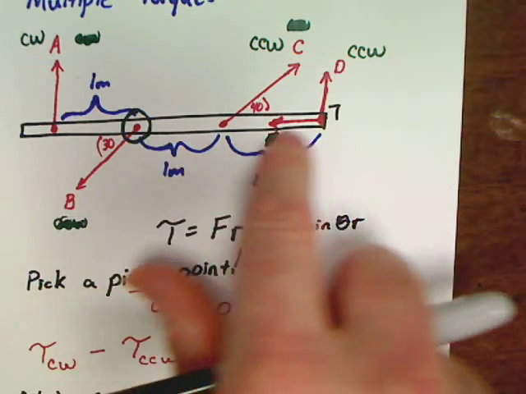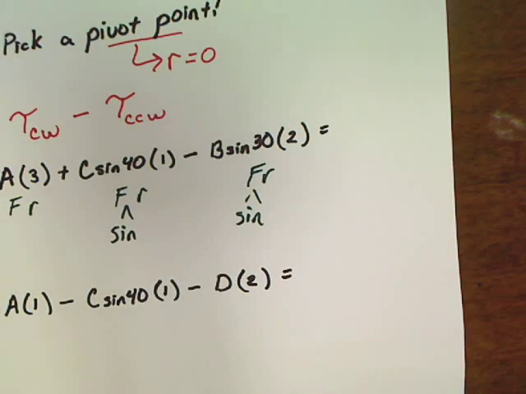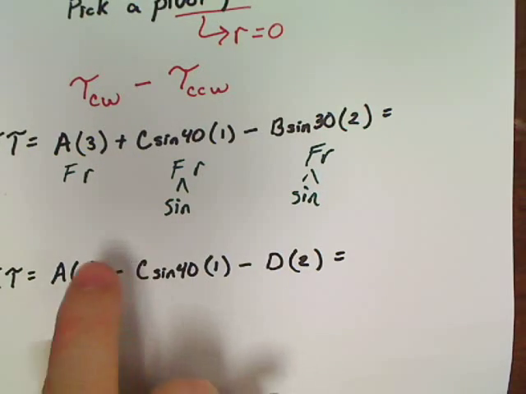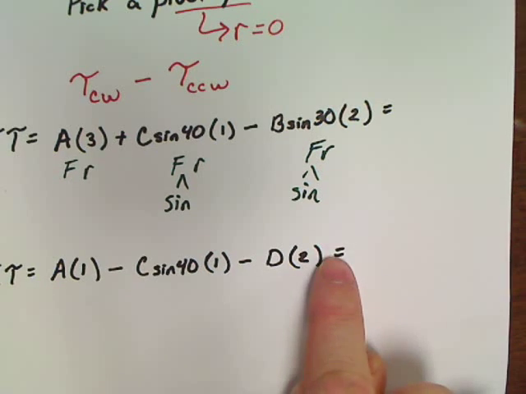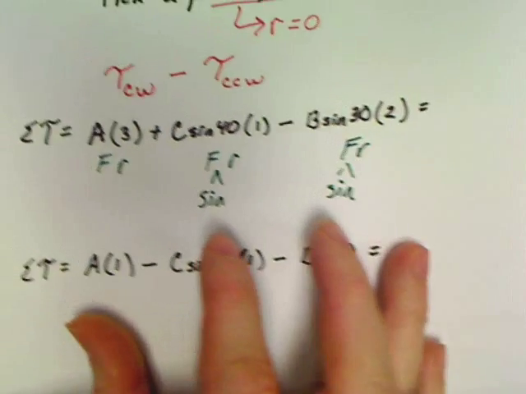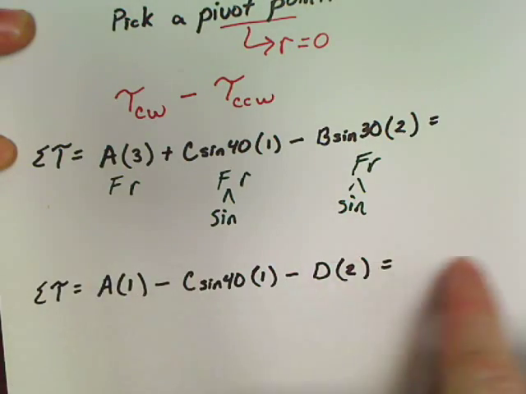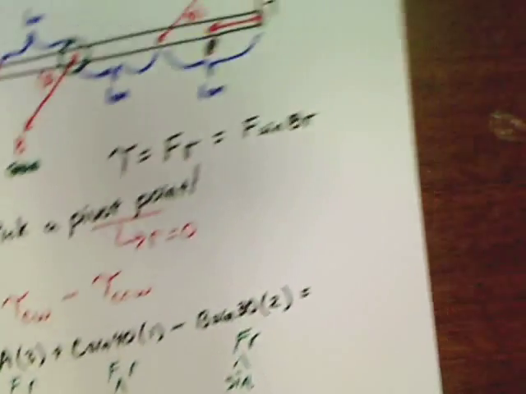Well, D appears to be 2 meters away. And bam. And sometimes they'll give you numbers, or you'll set them equal to 0. It just depends on the question. But anyway, usually the first questions in the chapter just want you writing equations like this out. And that's kind of what we've done here.